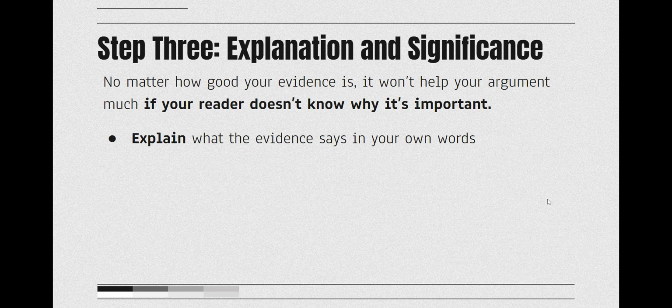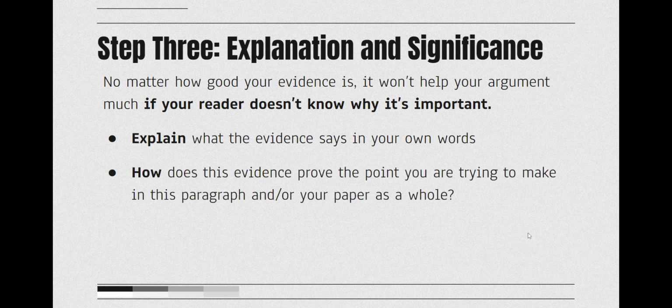So our steps within this third step are first to explain what the evidence says in your own words. So we're restating what the evidence is saying. And then we're answering this question: how does this evidence prove the point that you're trying to make? And how does it also relate to your essay or your paper as a whole?